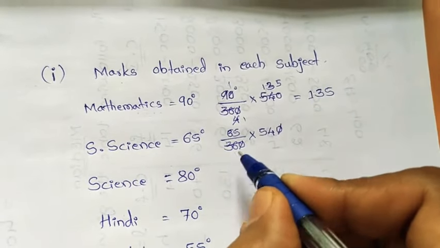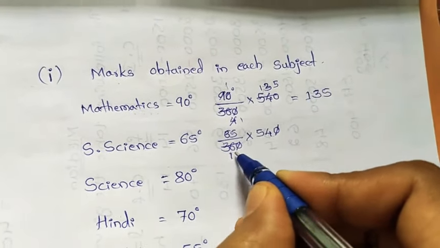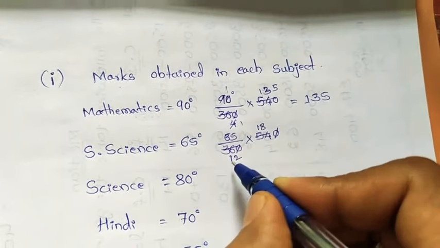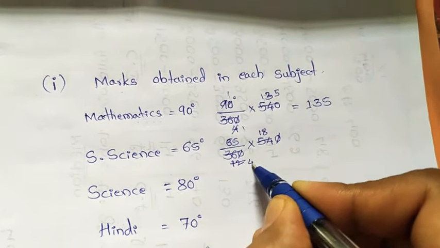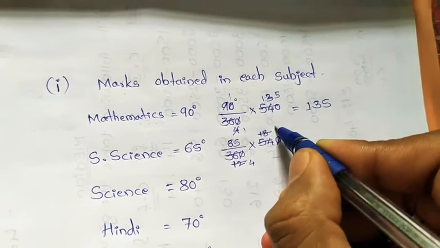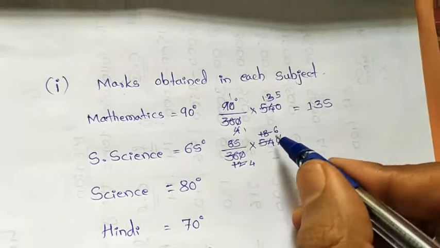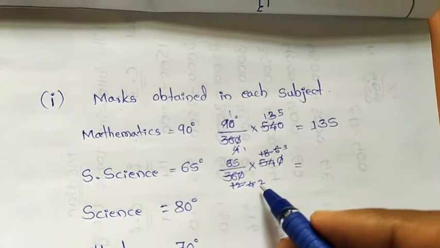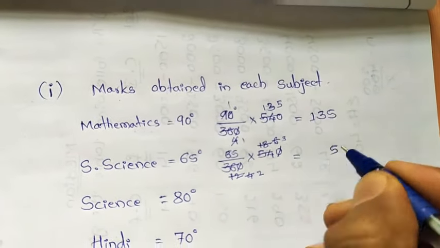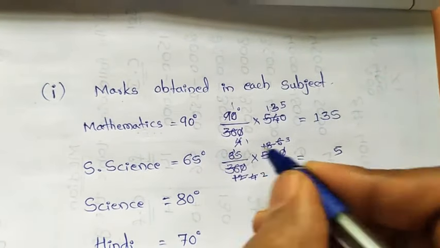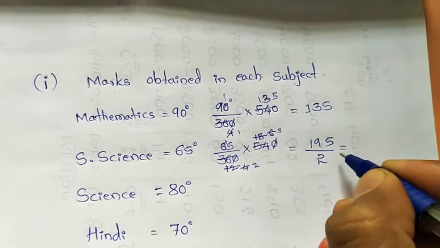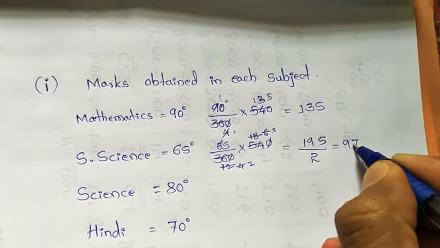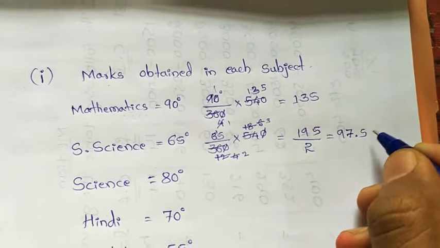Doing the multiplication step by step, 65 into 3 gives 195, divided by 2, so here we will get 97.5. It is also not our answer.